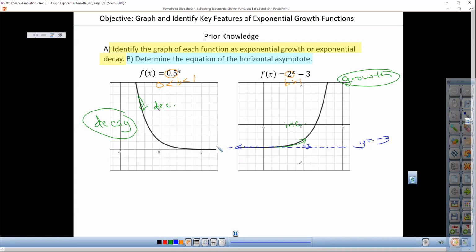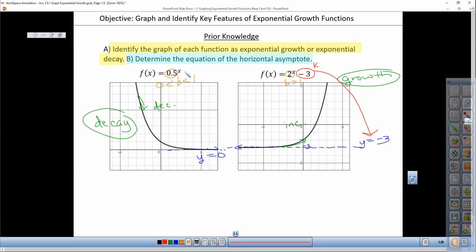Whereas over on this one, here's our flat end. It's approaching this line, which would be the x-axis. And the x-axis has a y value of 0. So that's y equals 0. There's also a connection between this and the function. Going back to these functions, this -3 is our k value, and notice that corresponds to the number in the asymptote, y equals -3.